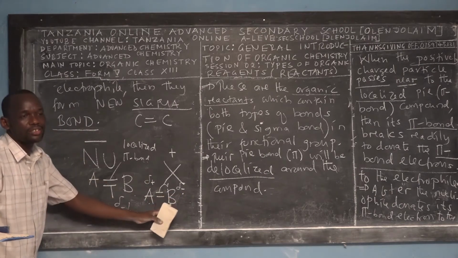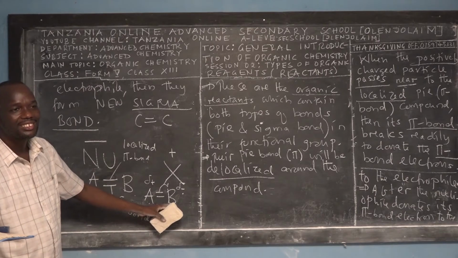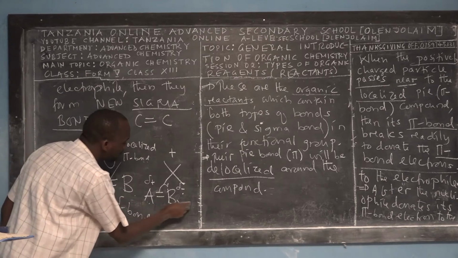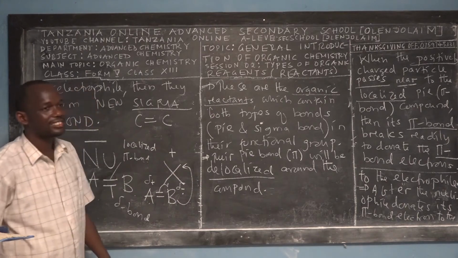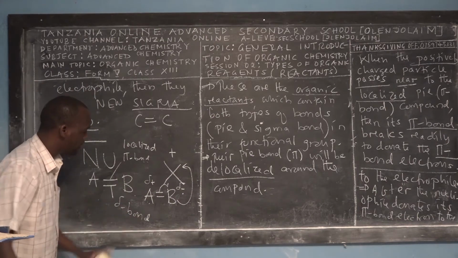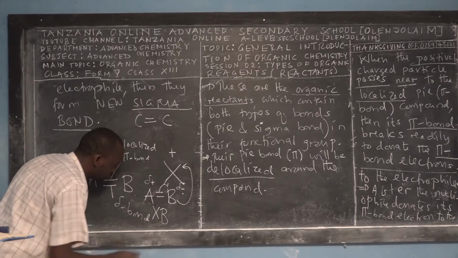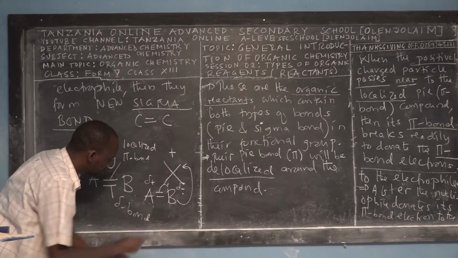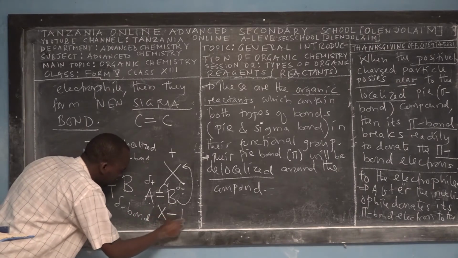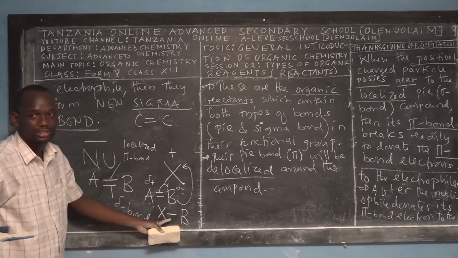So this one is rich in electrons. So it will come, hello, let us form a new bond. So now B and the electrophile will form a new sigma bond.